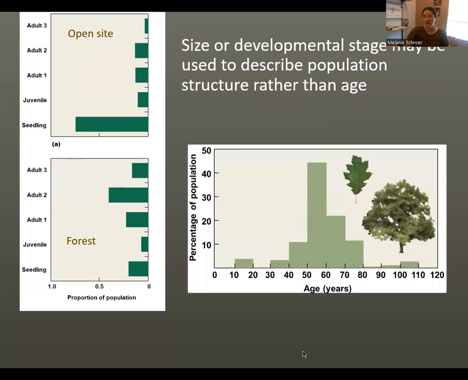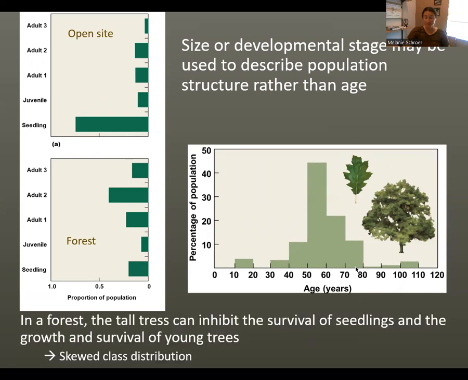Okay. Another histogram here. Here, the age of this oak tree. In the forest, for the most part, the older trees are shading out the seedlings, the younger trees, and so you see no seedlings that are surviving, right? These are shade intolerant plants, but many more of these older aged trees. Okay.